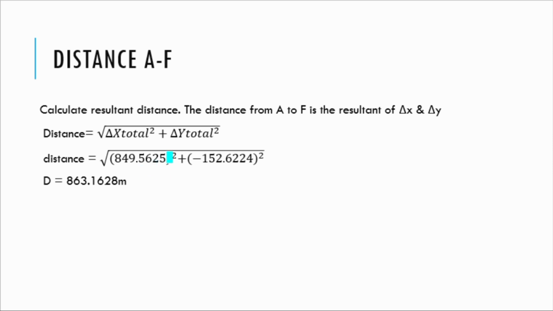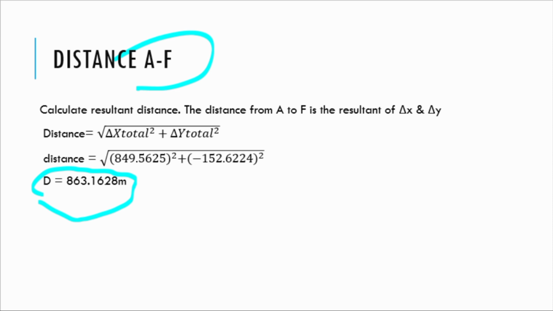You square first, add those two, then you find the square root, and our D will be 863.1628 meters. So this is the distance covered, the distance of A to F, that is the distance covered between those two points.